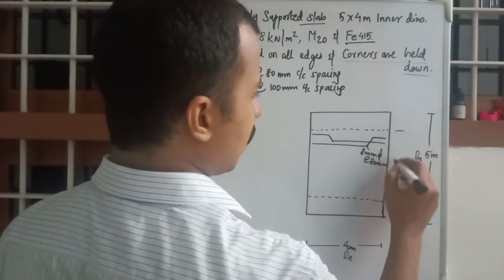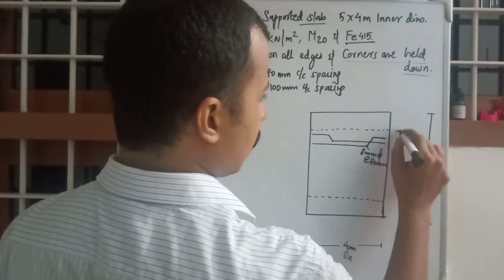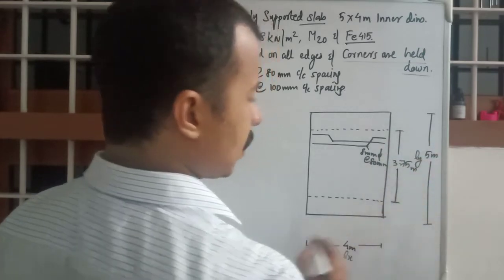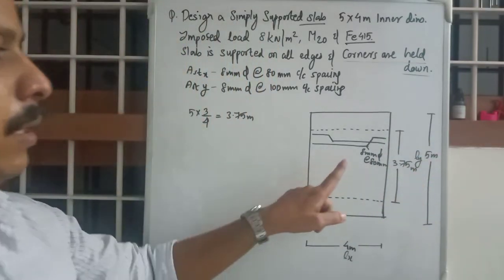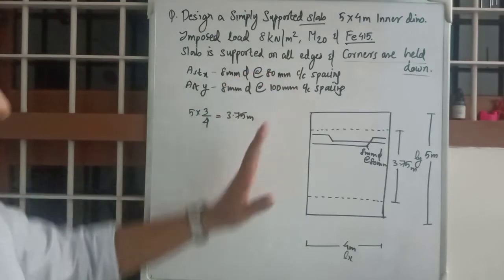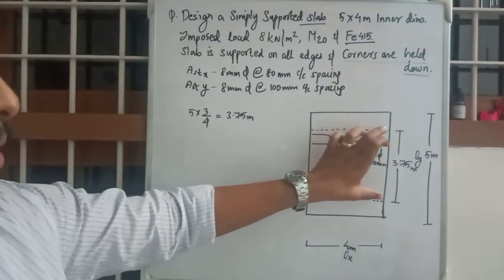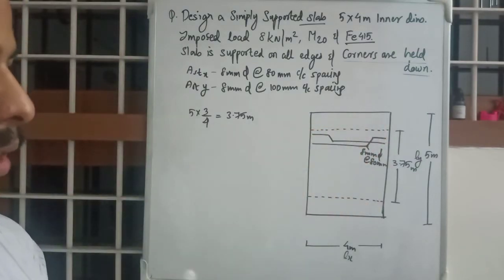This dimension will be 3.75 meters, right? So this value of reinforcements will be provided along Lx for this much distance, 3.75 meters.